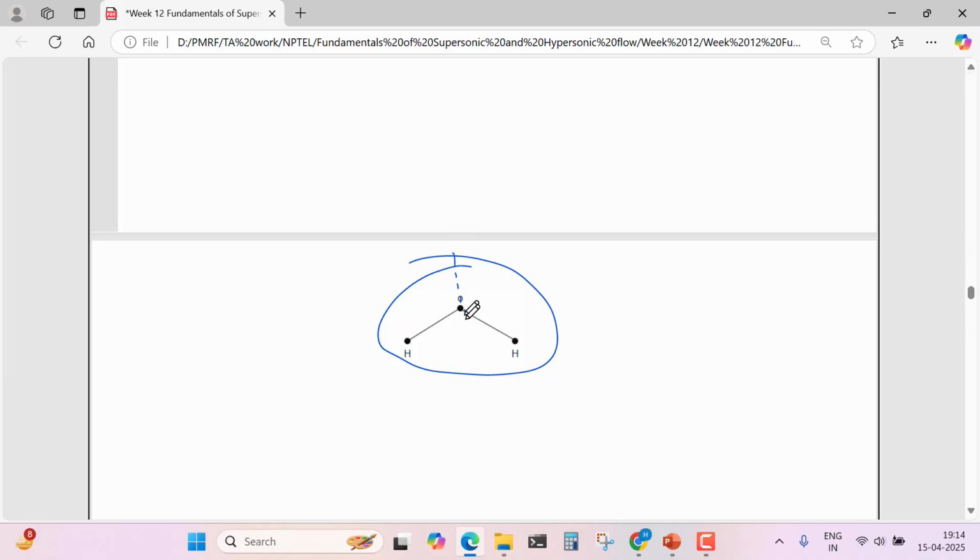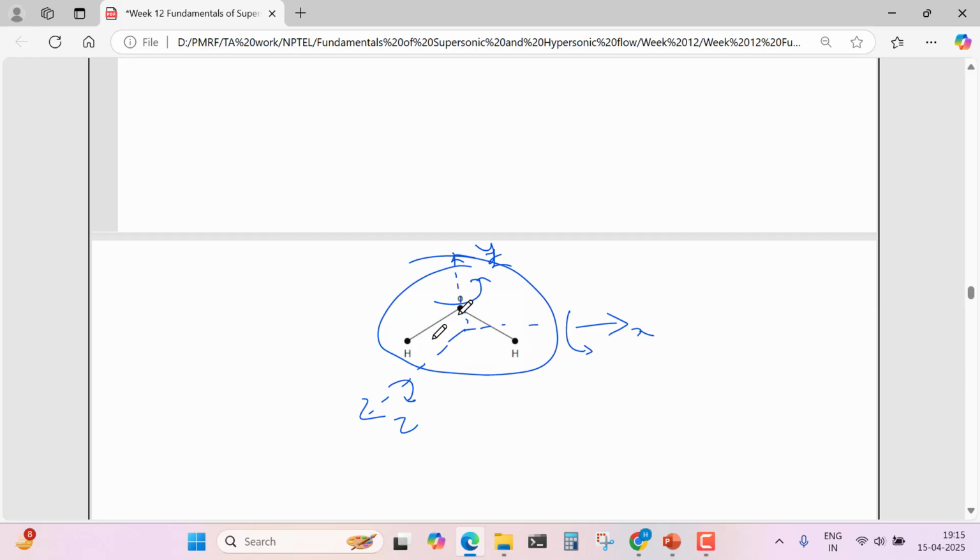Now if you draw a coordinate system here, then this molecule can rotate about this y-axis like this, x-axis like this, and z-axis like this.